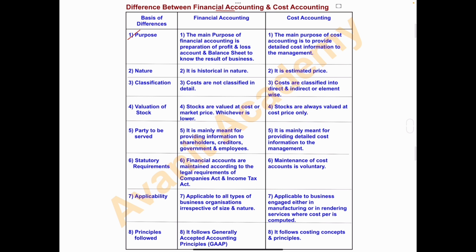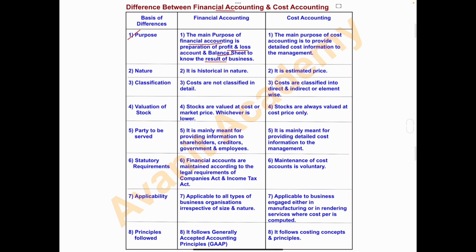So in financial accounting, the main purpose is preparation of profit and loss account and balance sheet to know the financial position or the result of the business. The accountant prepares profit and loss account and balance sheet at the end of the year to know the financial position of the business, whether the business is making profit or going under loss.